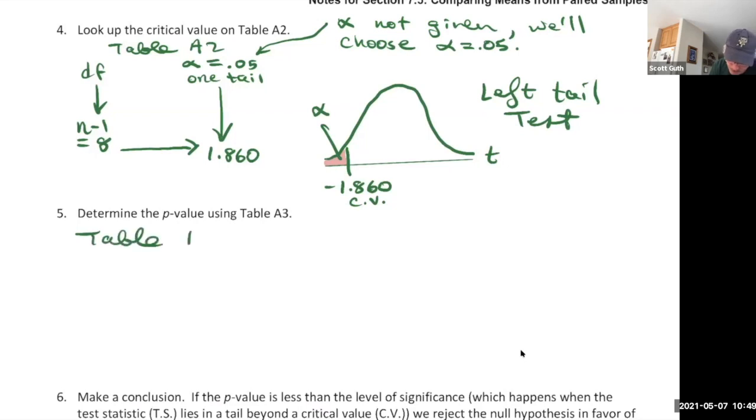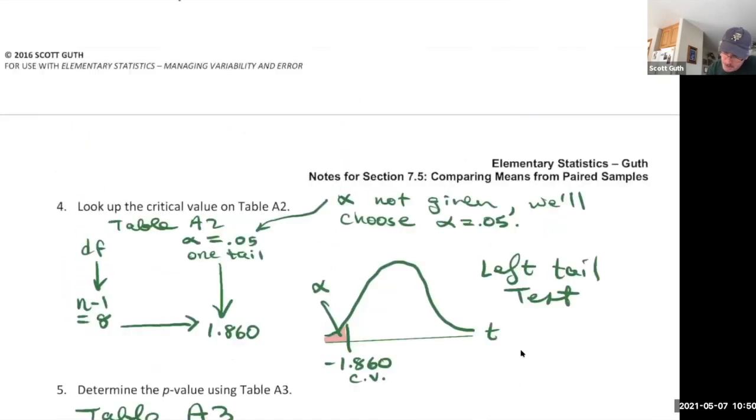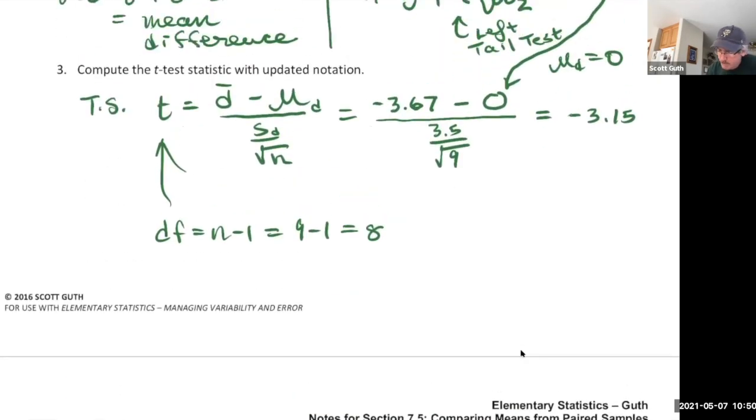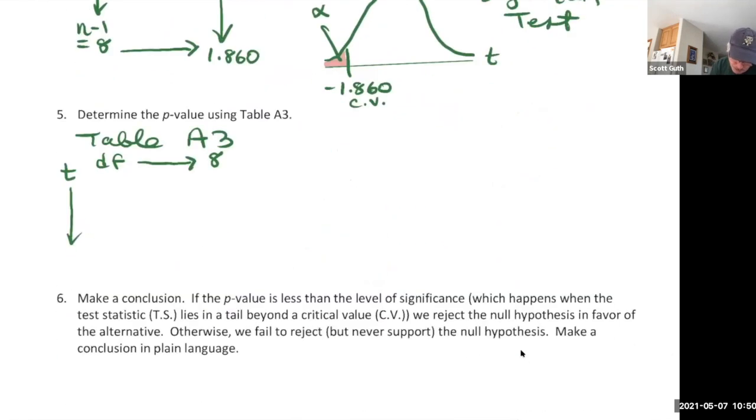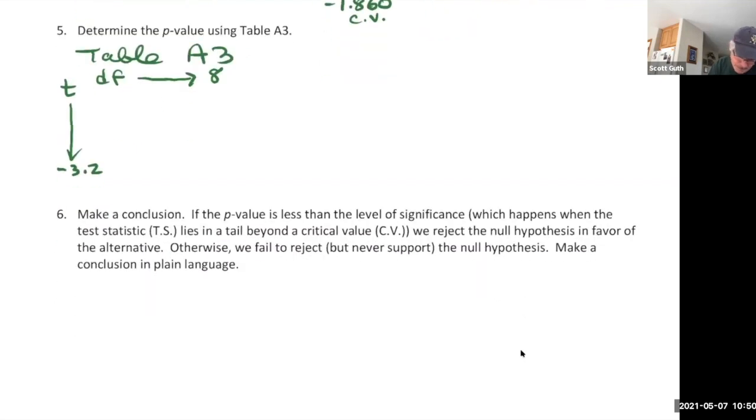Okay, table A3. Remember, we have a test statistic column and a degree of freedom row. I think we said there's 8 degrees of freedom here, and our t statistic was negative 3.15, which we're going to round to negative 3.2.